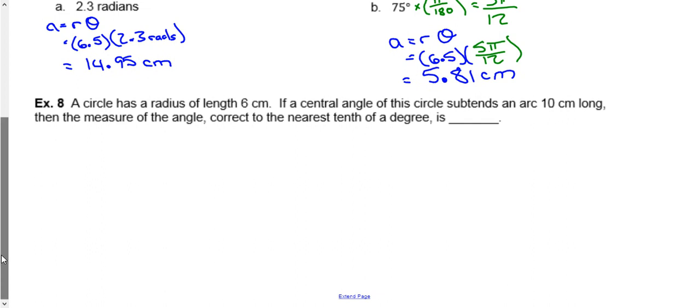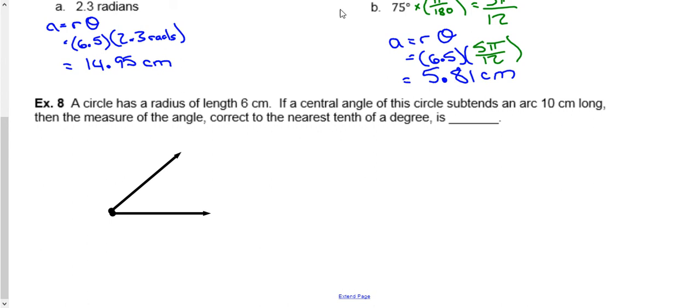In example 8, we have a circle with a radius of 6. If a central angle of the circle subtends an arc that's 10 centimeters long, then the measure of the angle is... And so again, draw yourself a picture. It's a bit easier if you can draw yourself a picture. So if I have a radius of 6, that's going to be 6 right around there.